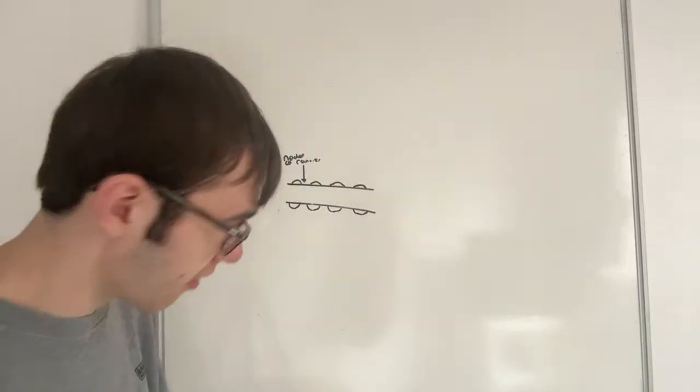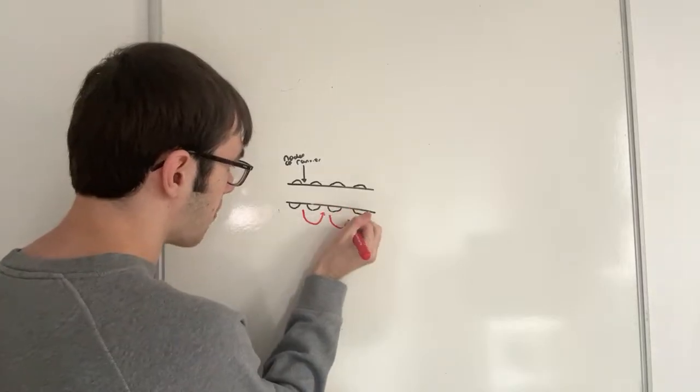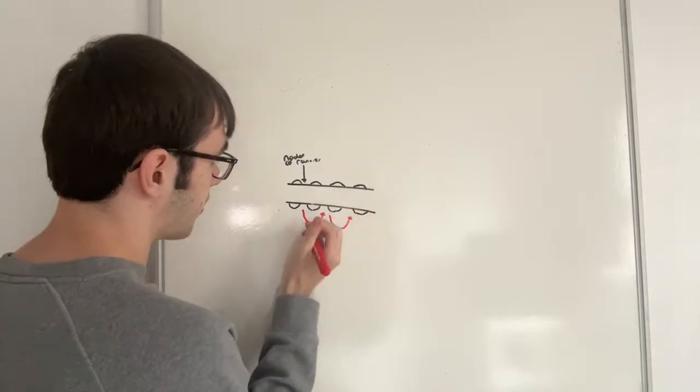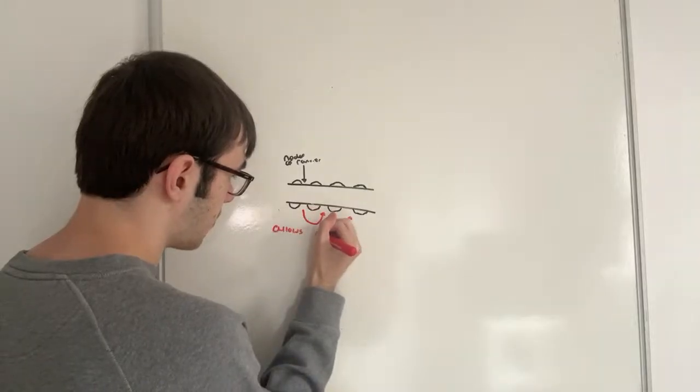So what you would say is that it allows the electrical impulse to jump between nodes of Ranvier.